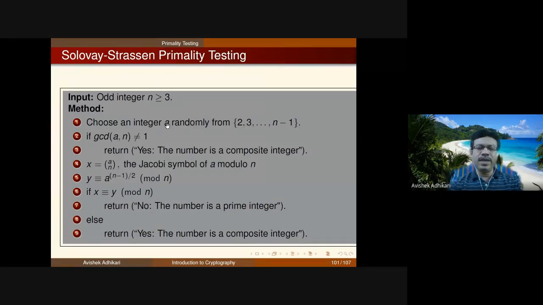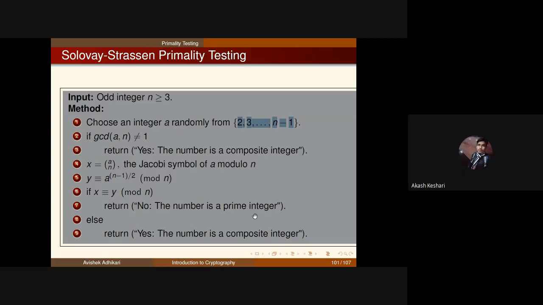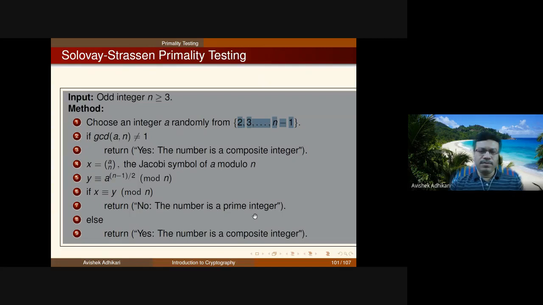So you may take another random a from this interval and again run the same program. It may happen that it gives you the answer no again. Now after two runs, what is your error probability?